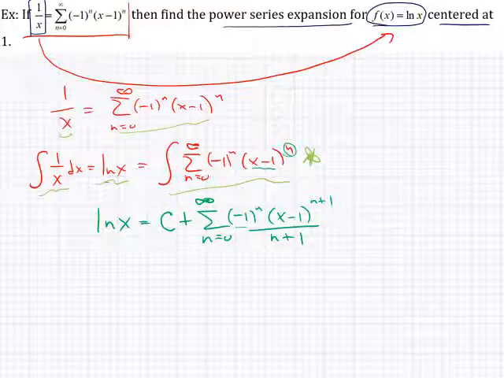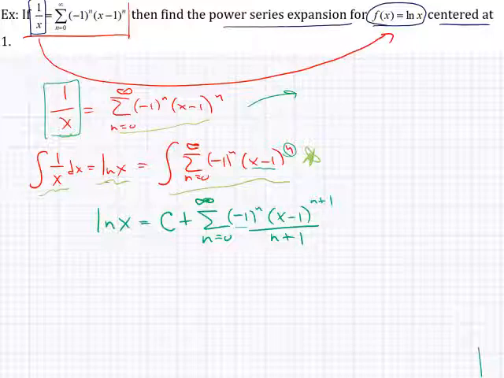Now, what was the interval of convergence for this series? Well, the interval of convergence for this series was 0 to, let me get 3, I believe.